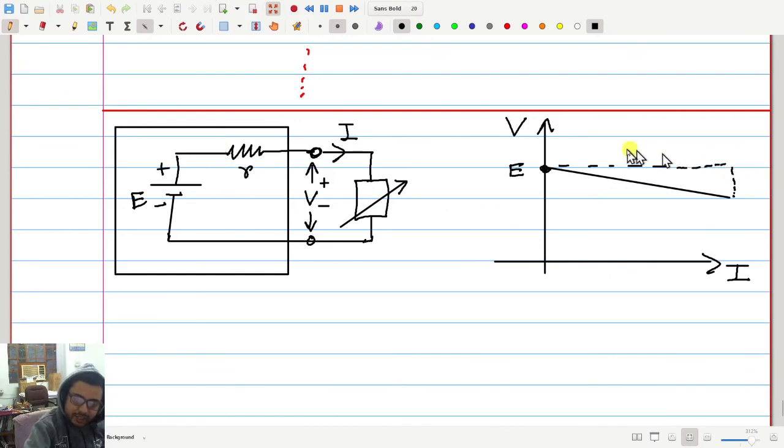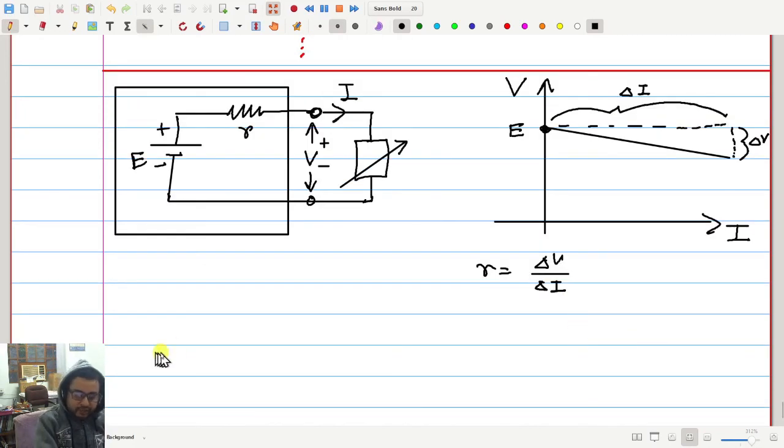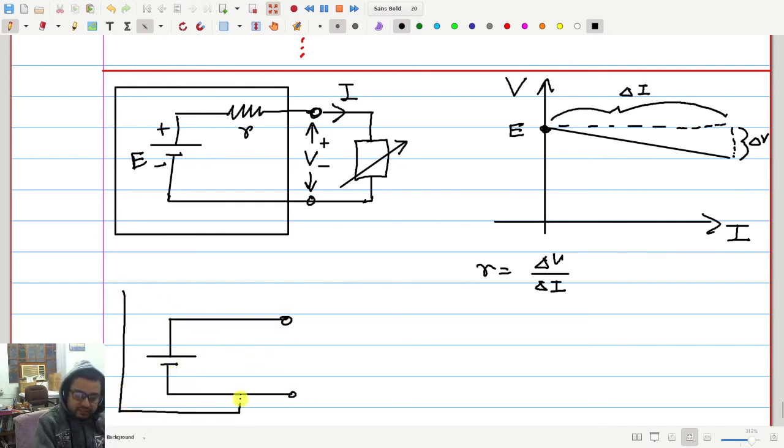Suppose the negative slope, this voltage is delta V and this current is delta I, then R is equal to delta V by delta I. Now suppose I take an ideal source with no internal resistance. How will the graph look?